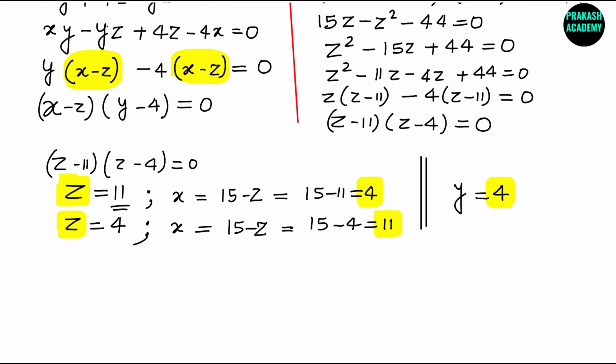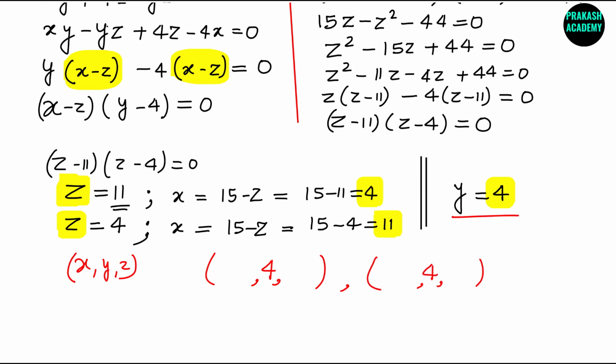So what are the solutions we have? We will have x, y, z pairs. So for y = 4, there are two solutions. Let us plug in y = 4.